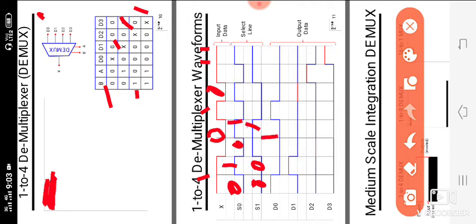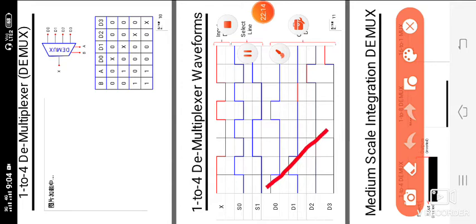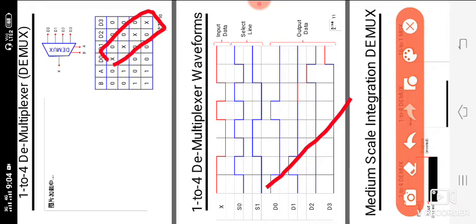Based on the selection line 0 0, this one will appear. Then 0 1, and based on the data input it appears here. Next 0 1, 1 will appear here. Then 1 1, 1 will appear here. So you have to observe clearly: based on the selection line input, the output follows gradually. That is the 4 to 1 demultiplexer.